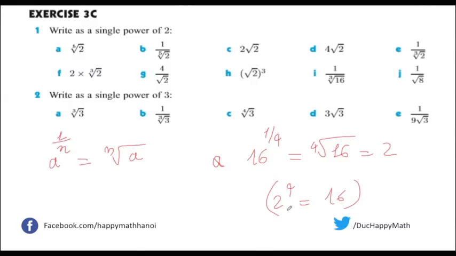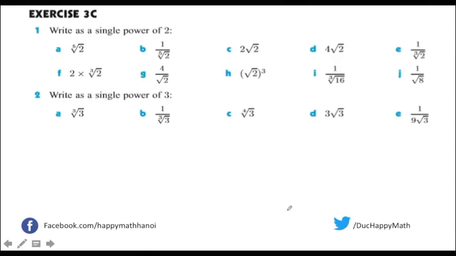Okay, and this kind of exercise is not easy, very difficult. So just take focus. The first one you have the fifth root of 2. So you have here 2 to the power of 1 over 5. And exercise B, you will have 1 over 2 to the power of 1 over 5.